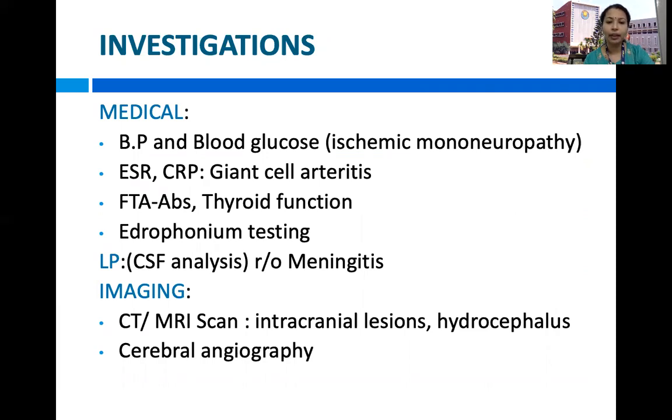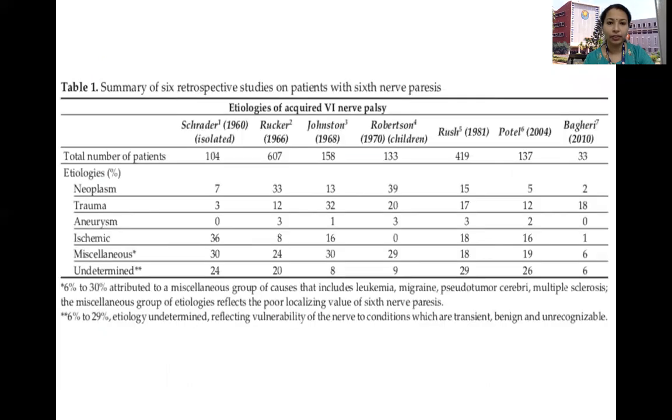If you're suspecting thyroid ophthalmopathy or myasthenia gravis as a mimicker, then it's better to do tests to identify these conditions. Lumbar puncture can be done for CSF analysis to rule out meningitis. And finally, a CT or MRI scan of the brain to pick up intracranial lesions like tumors or hydrocephalus, and cerebral angiography when you're suspecting an aneurysm compressing the sixth cranial nerve.